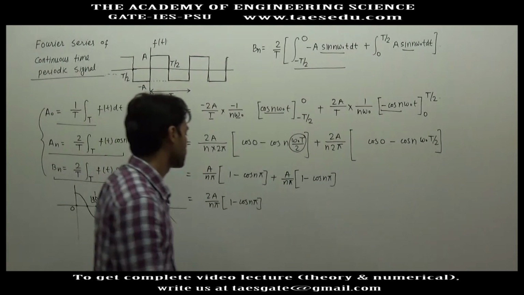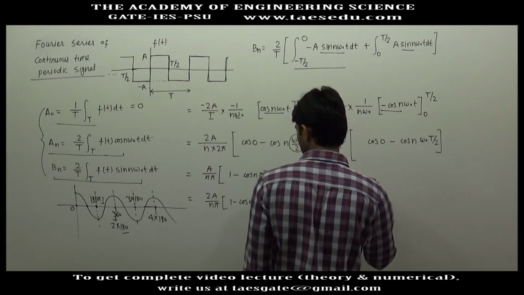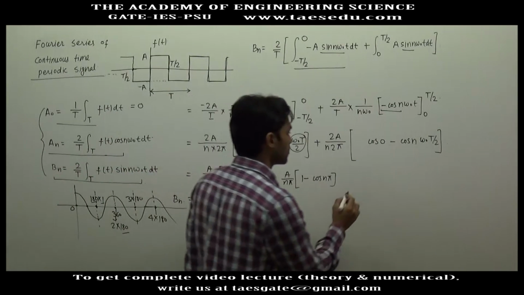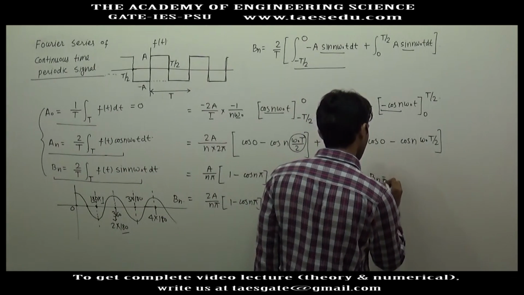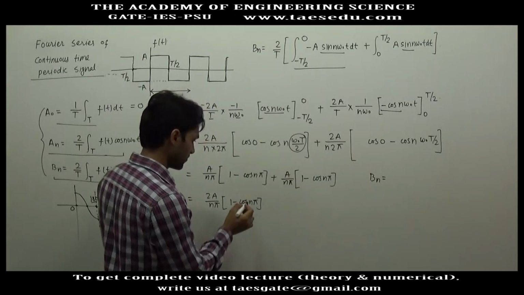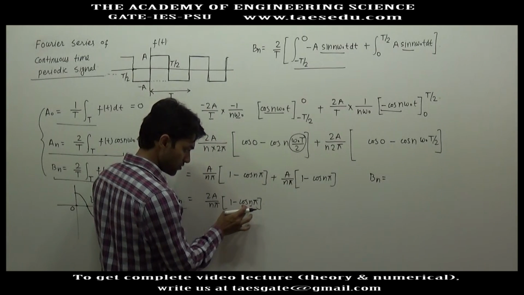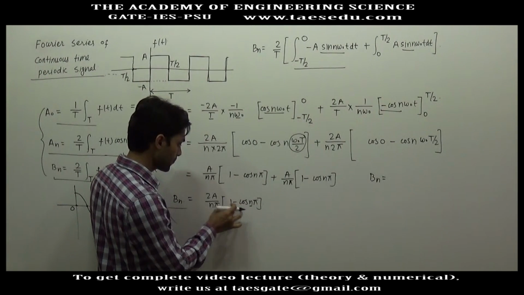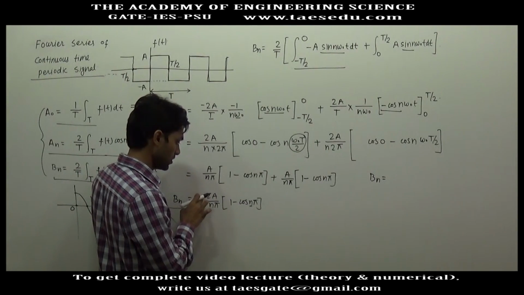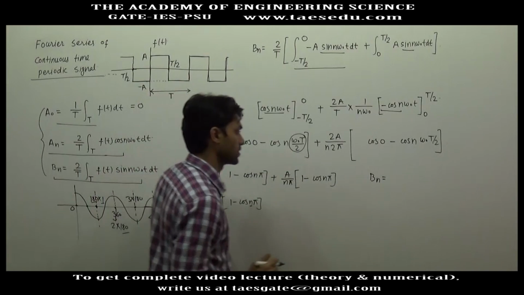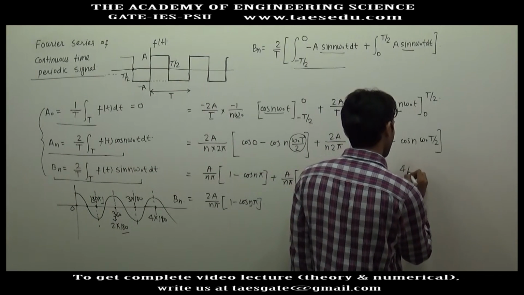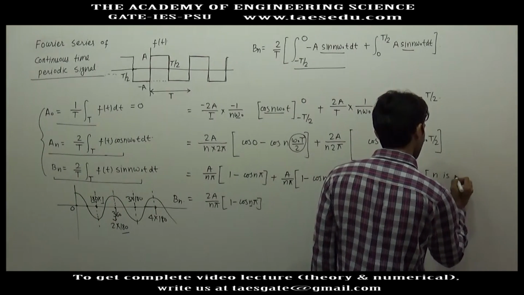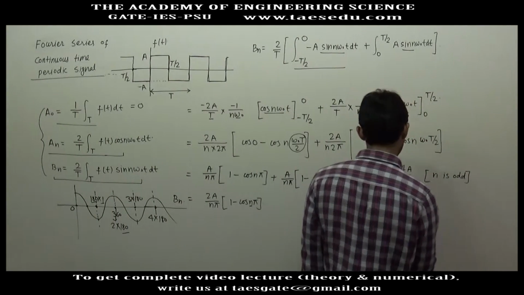So let's say this is value of bn, so what will be the value of bn when n is odd? If n is odd, you will have minus 1, and minus minus will be plus. You will have 2, and 2 into 2, 4. You will get 4a by n pi if n is odd.